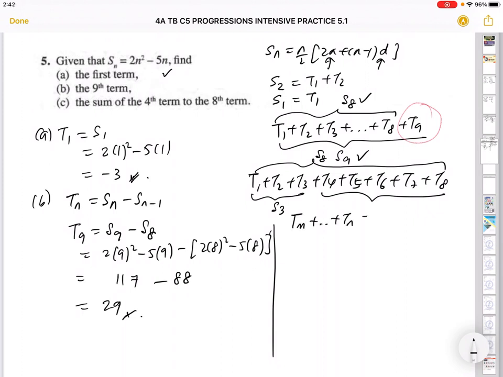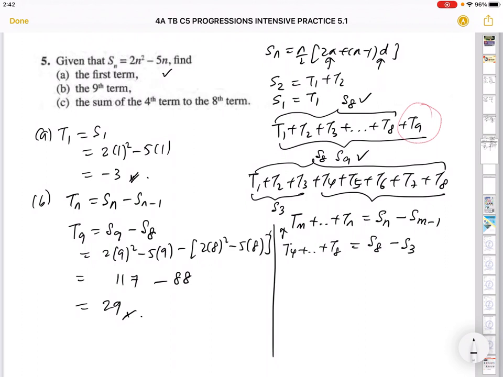I want Tm onwards, so I need to take the sum of the first n terms minus the sum before Tm, which is S(m-1). Likewise, if I want T4 to T8, I use S8 minus S3: sum of the first 8 terms minus sum of the first 3 terms.